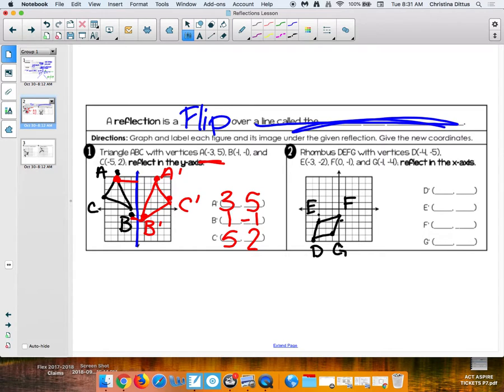My X, yeah, my X changes. Does my Y change at all? No. So remember yesterday we talked about those rules?